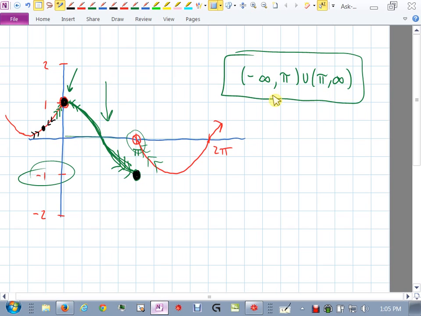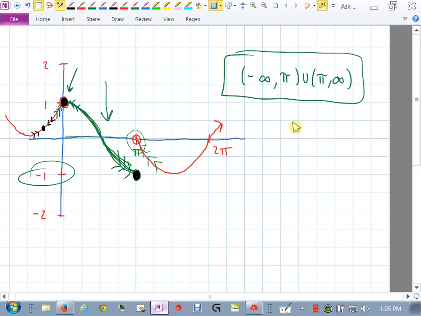The only place it does not is at pi. So I jump over pi, just skip pi. Does that help? Okay. Was it more about how to write the answer? Okay. Yeah, okay. I got you.